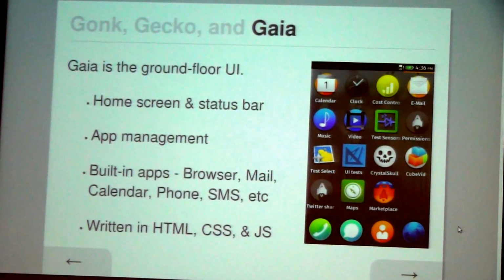What Gaia can render is the status bar and its home screen, and it can manage your apps, so it lets you launch them. If you hold down the home button, you'll get an app switcher where you can flip through and kill apps. And it's also where we maintain the core built-in set of apps.